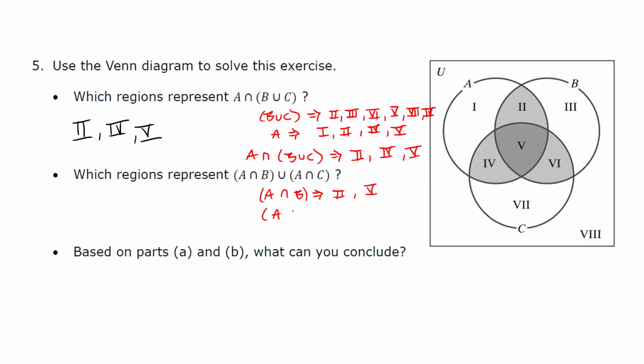The intersection of A and C is going to be 4 and 5. So the union between both of these will be the regions 2, 4, and 5.